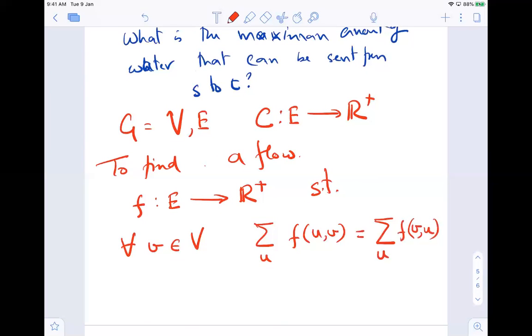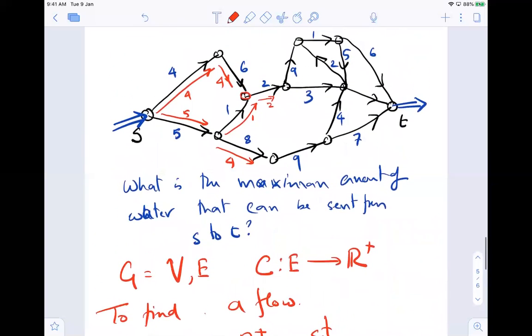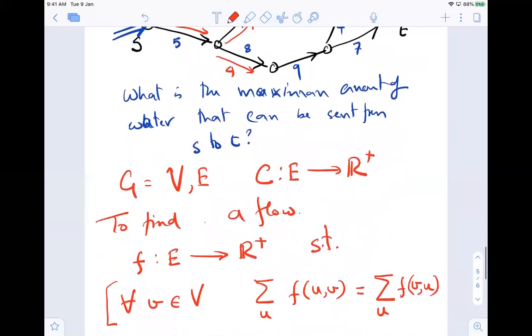Because there is no storage at that point. This is sometimes called Kirchhoff's law, something that you might have seen in 12th grade physics.